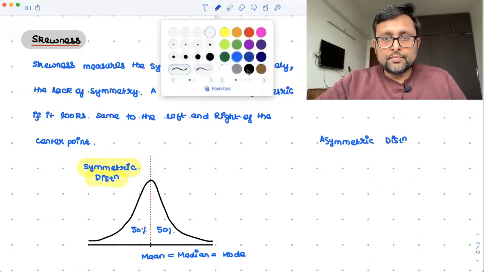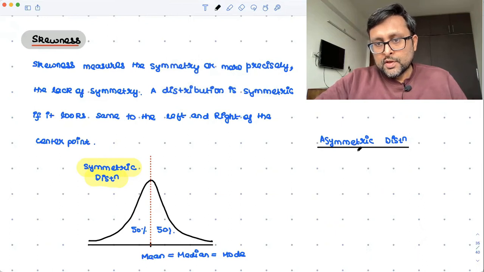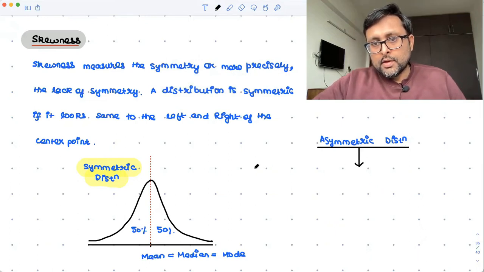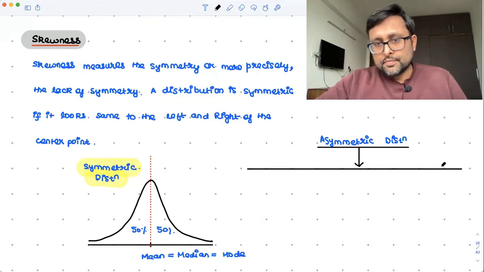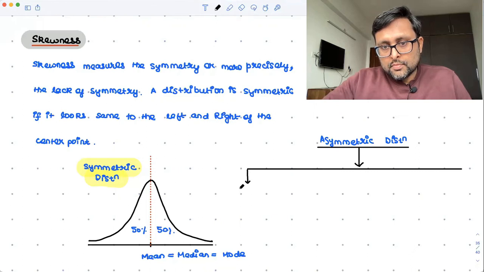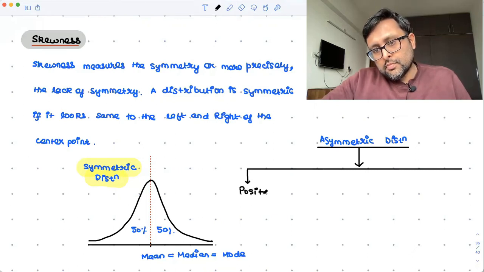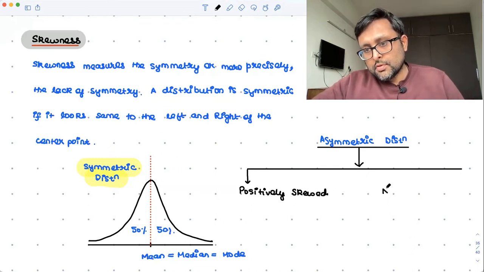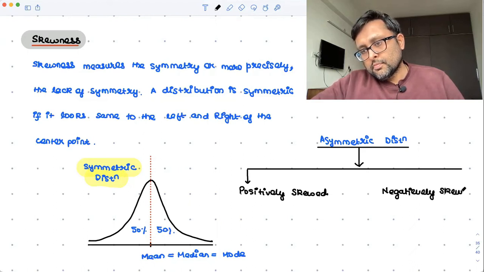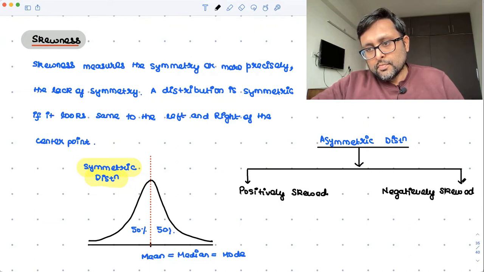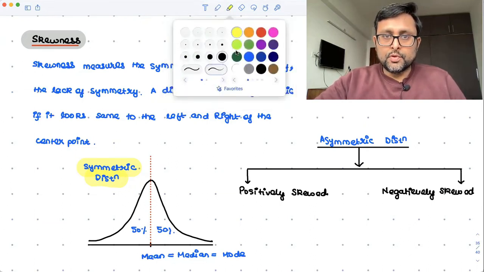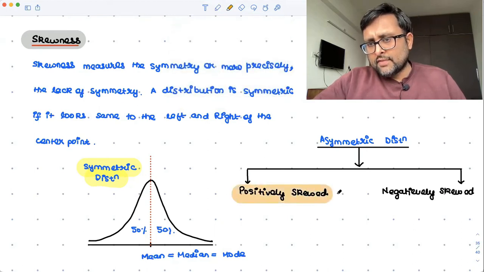Asymmetric distribution can be of two kinds: positively skewed, or negatively skewed distribution, right? So let's have a look at that.